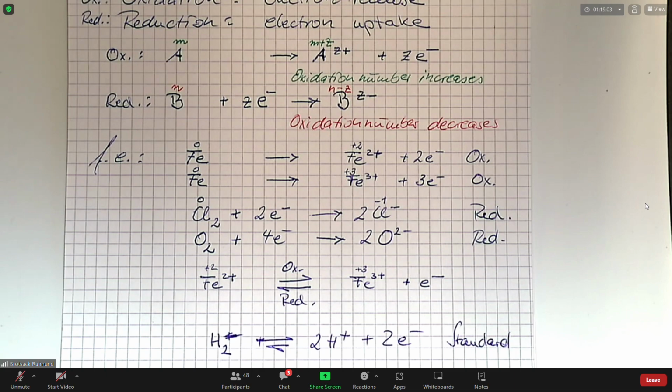Because we always measure everything in comparison to the hydrogen system. And then we can make a row of redox potentials. And out of these differences, we can say, yes, this one will be oxidized, the other one reduced, or whatever.